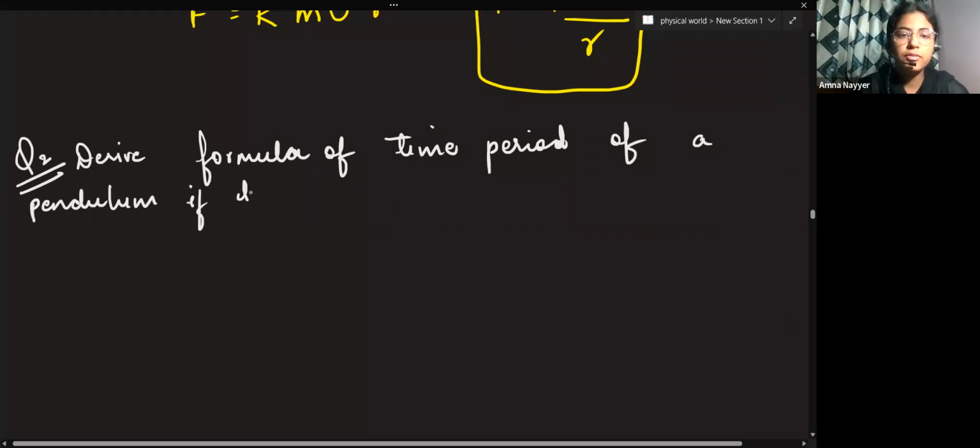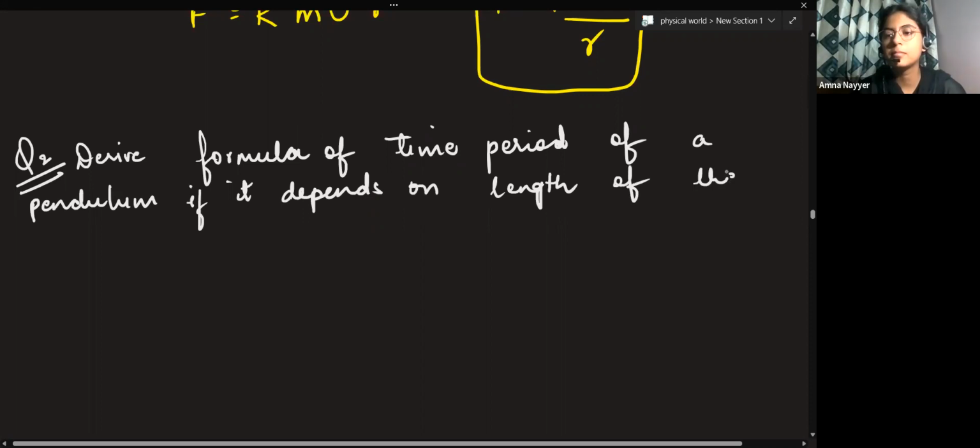It depends on the length of the pendulum and acceleration due to gravity.